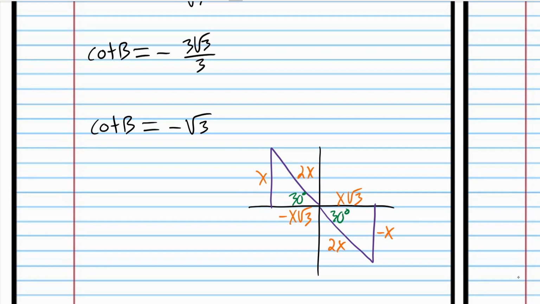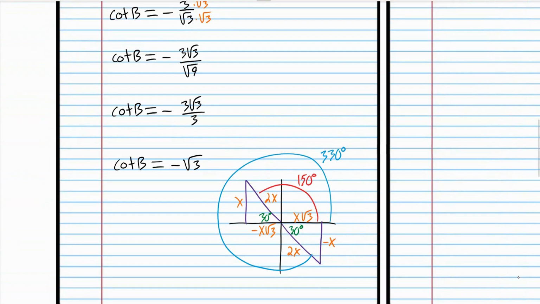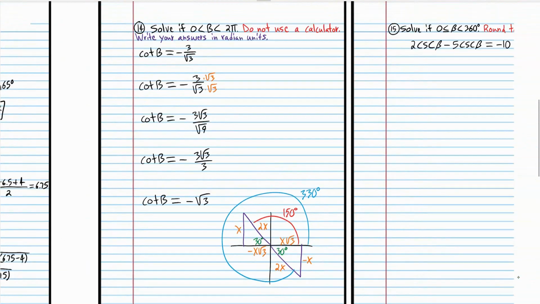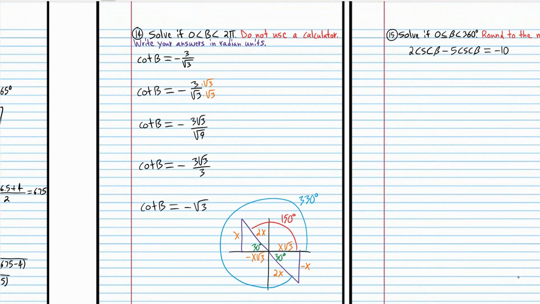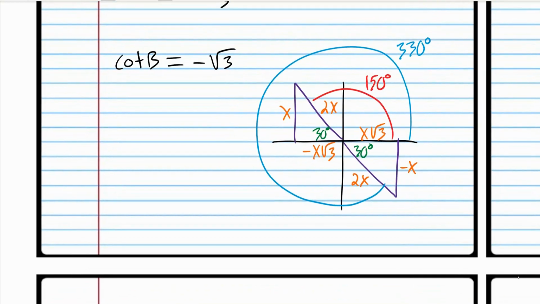But the actual angles that we're looking for are 150 degrees and 330 degrees. It says find the solutions between 0 and 2 pi. That's 0 and 360. So we have our solutions.